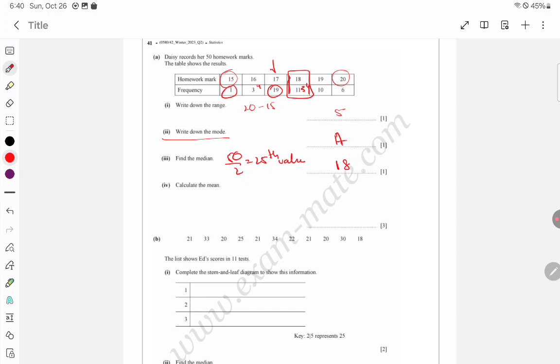Now, in order to calculate the mean, again we have to first calculate the fx. The range is not given, we have direct numbers, so our x values will remain the same.